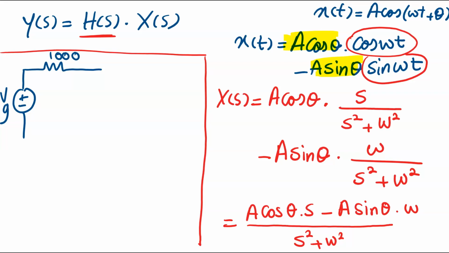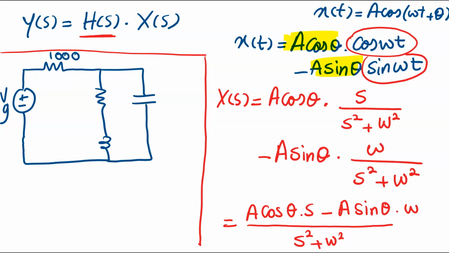And then we had this circuit with 10^6 over s for the capacitor's value, and 250 for the resistor in series with the inductor, and 0.05 s for the inductor.